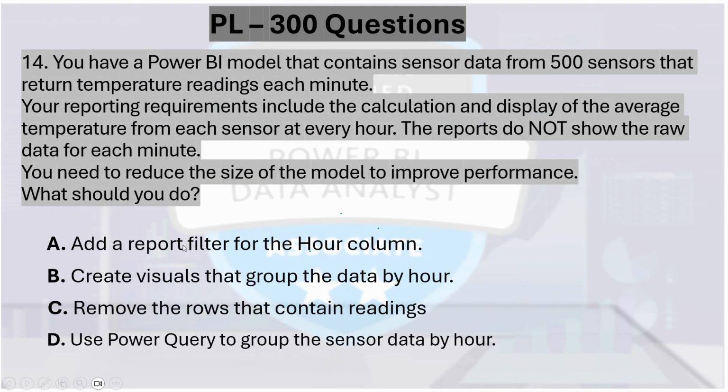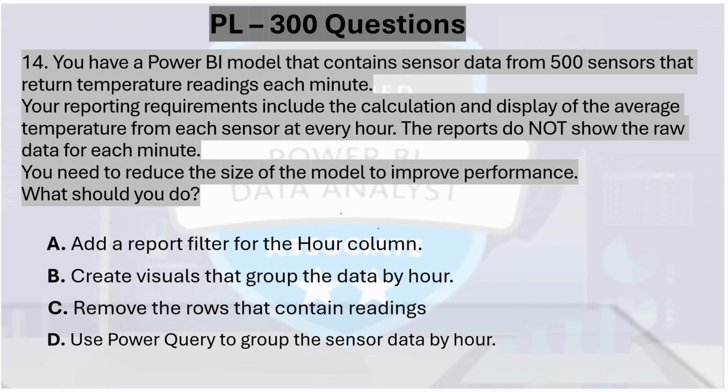Now question 14. You have a Power BI data model that contains sensor data from 500 sensors that return the temperature reading each minute. Your reporting requirements include the calculation and display of the average temperature for each sensor at every hour.